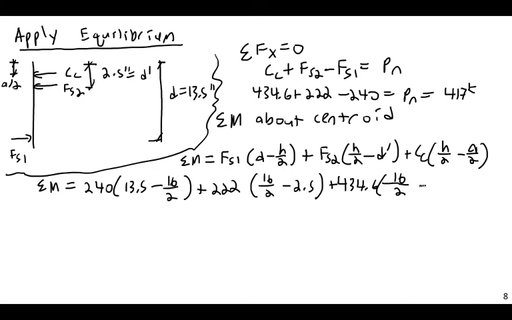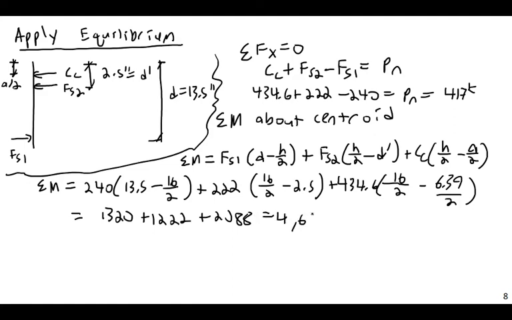So it's just plug and chug at this point. If we work through this, we get 1320 plus 1222 plus 2088 equals 4,630 kip inches. Or M sub N, if I convert this to kip feet, is 4,630 kip inches, or 386 kip feet.